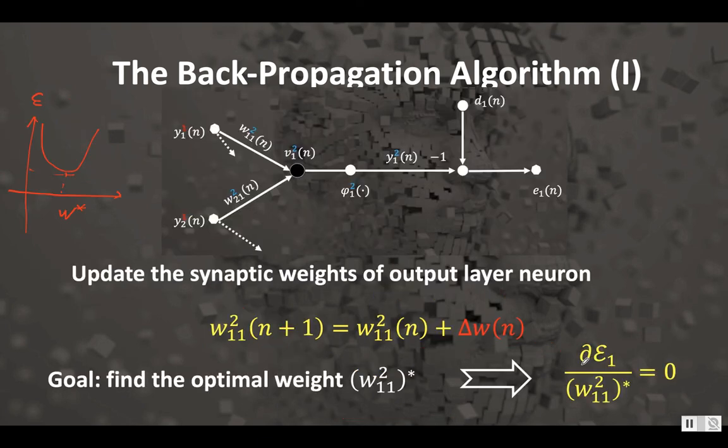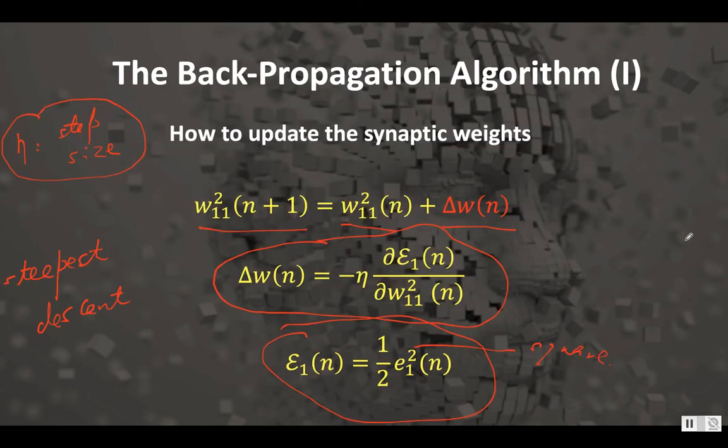So look here, this will be E1. The cost function epsilon equals one half of E1(n) squared. This is the cost function. We are going to use it to update the synaptic weight in the output layer.